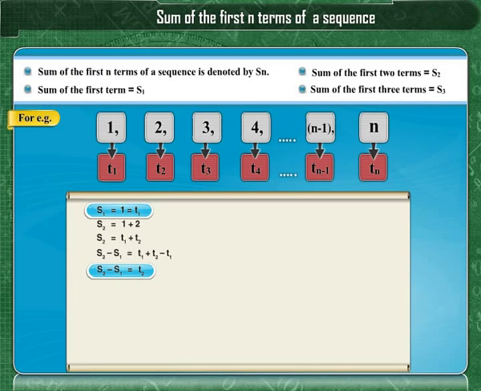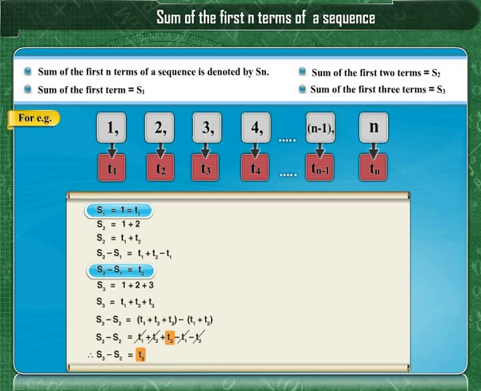The sum of the first 3 terms S3 is 1 plus 2 plus 3, that is T1 plus T2 plus T3. What is S3 minus S2? S3 minus S2 is T1 plus T2 plus T3 minus of T1 plus T2. That is, S3 minus S2 is T1 plus T2 plus T3 minus T1 minus T2, which is equal to T3.